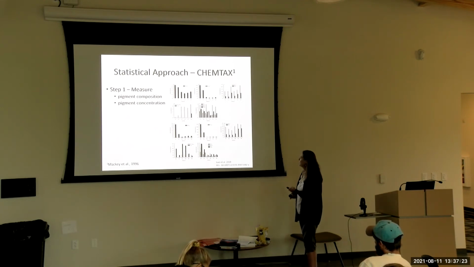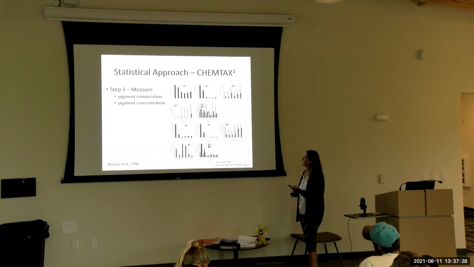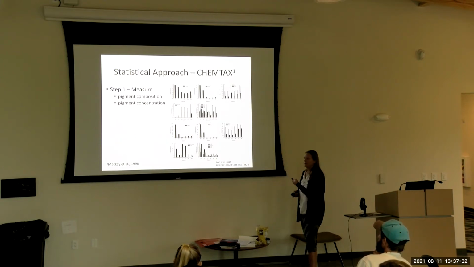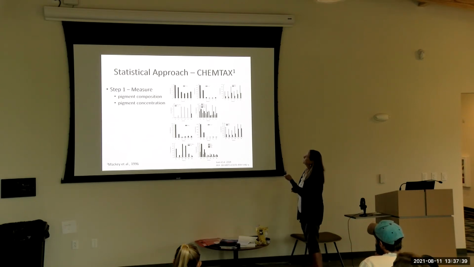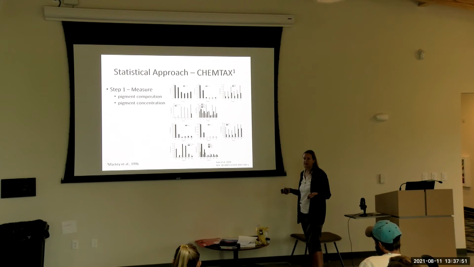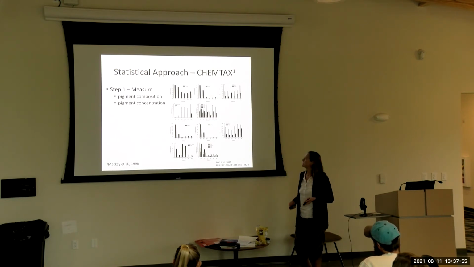Here's an example from people who weren't involved in the development, but who used it, and I think did it well, where they went out to a series of 6 stations in one part of their region, and then another 6 stations in another part of their region. They measured how much chlorophyll A was at each station, how much fucoxanthin was at each station, 19 hex and 19 but, etc. So they have 12 stations and they have the full suite of which pigment was there and how much was there.